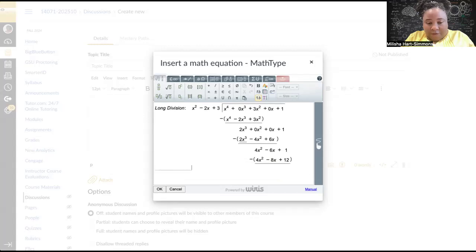We're going to end up having 2 columns here, a 1 by 2. So we have negative 6x minus a negative 8x would be 2x.